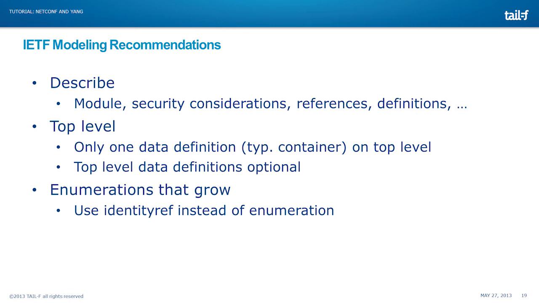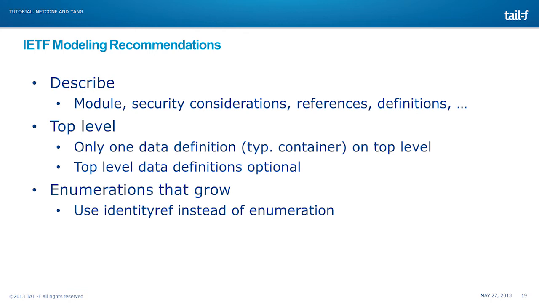It is legal in Yang, and ConfD supports having multiple top-level elements in your model, but for that module, if you have one top-level item, it's just one tree within that module. If you have multiple top-level containers, logically you really have multiple trees in there.